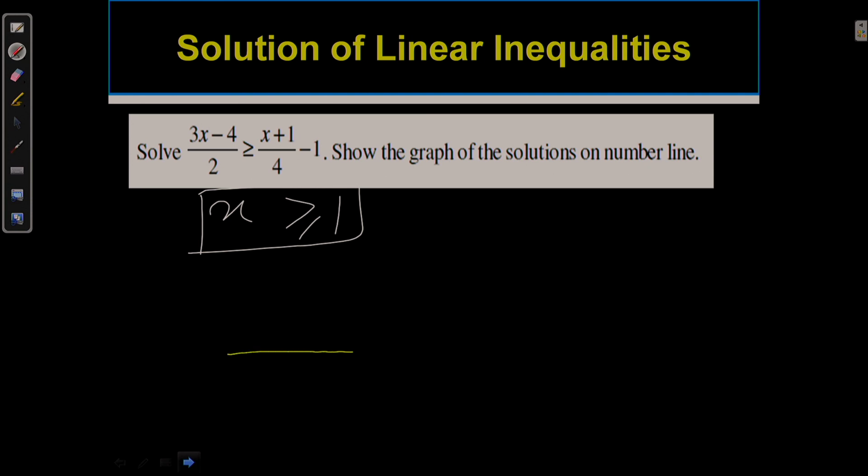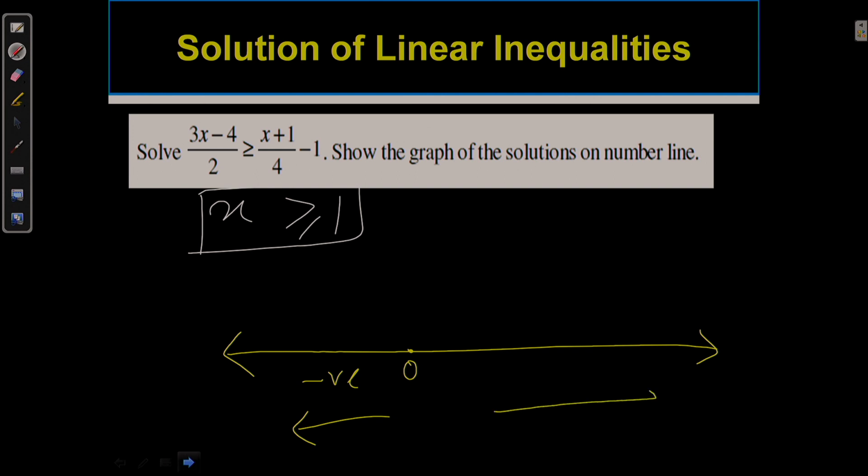Suppose this is the number line and this is 0. This side is negative, and this side is the positive numbers. This is 0, this is 1, this is 2, this is 3, this is 4, and so on. We have found x greater than or equal to 1, meaning 1 and more than 1.